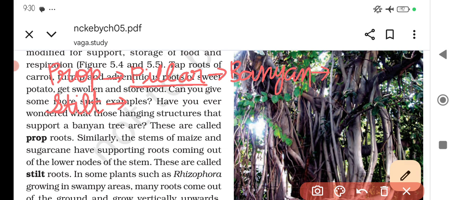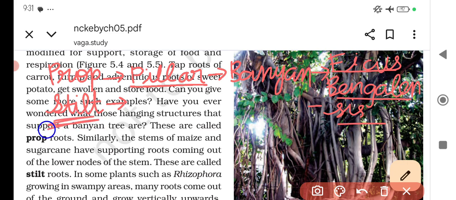And the scientific name of banyan tree is Ficus bengalensis. This is the scientific name for banyan tree.